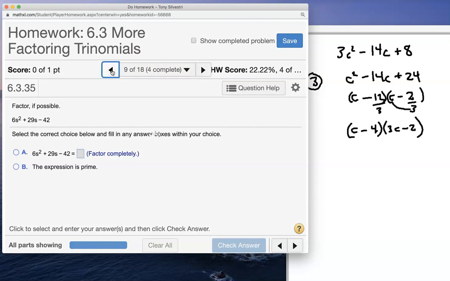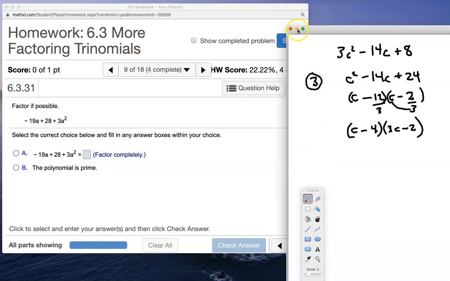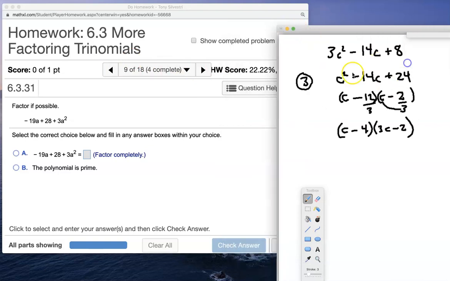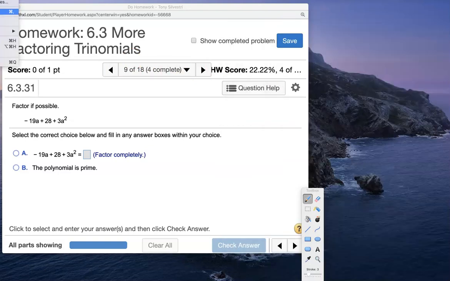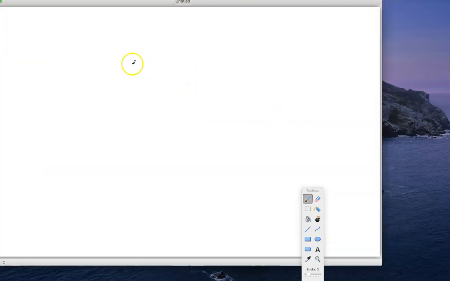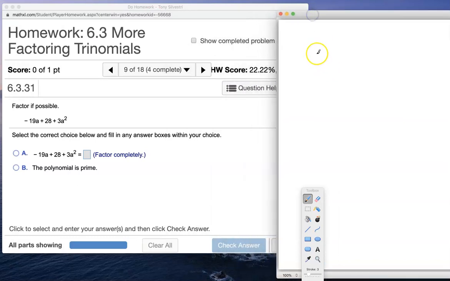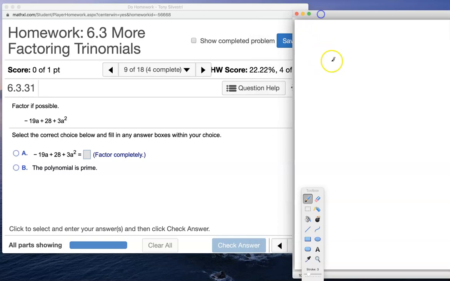So let's come over here. First thing is clear this out. File, new. Okay. And first thing, you know this doesn't look right, right?